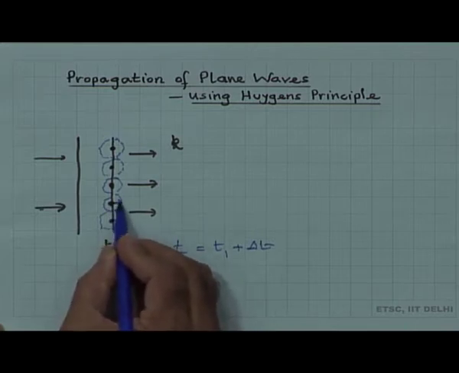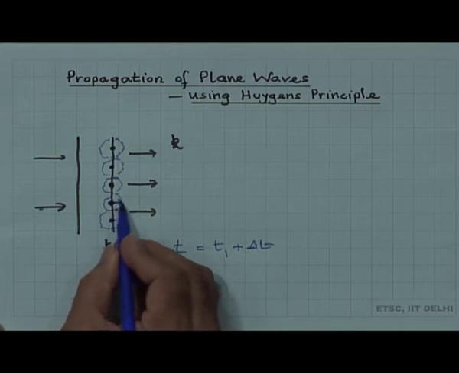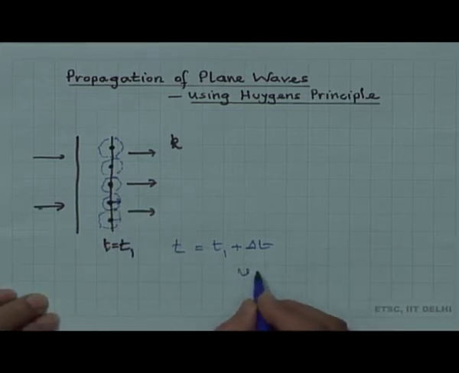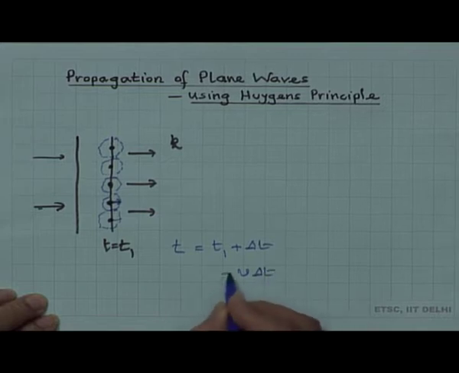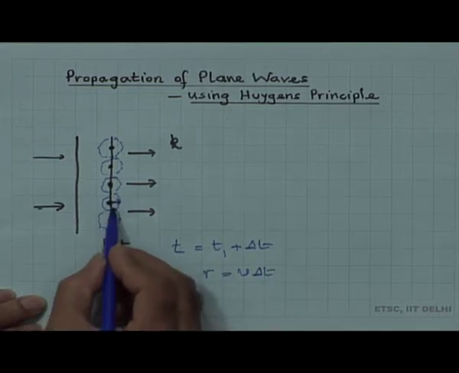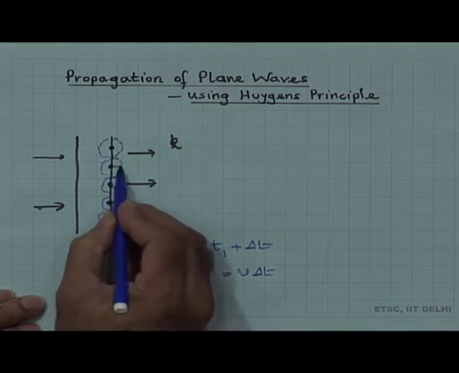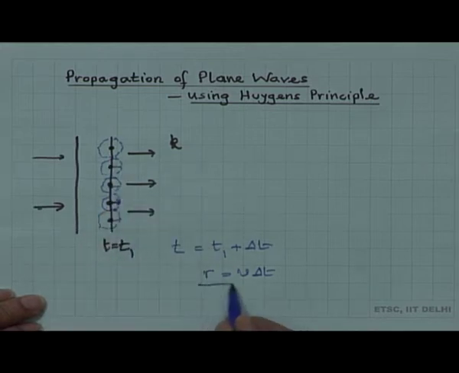So, the radius of this sphere here would be v times delta t. This will be equal to the radius which I have shown here of these spheres at a later time delta t, equal to v times delta t.